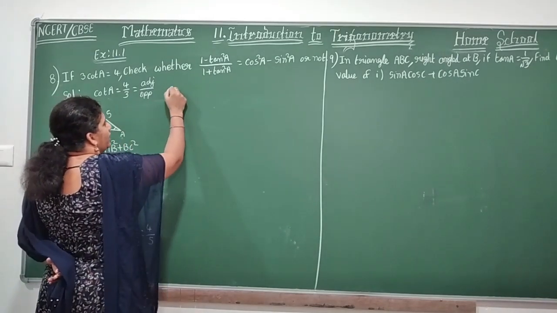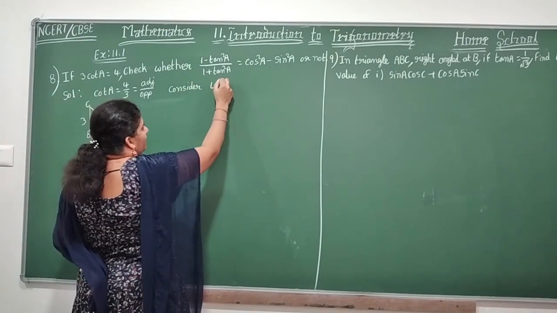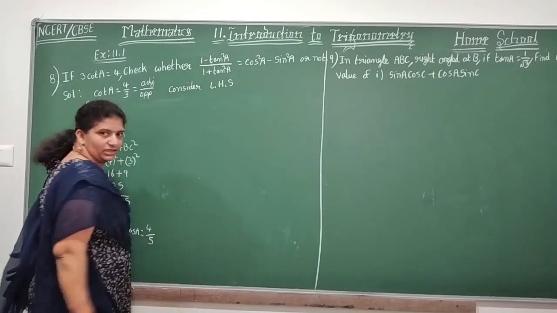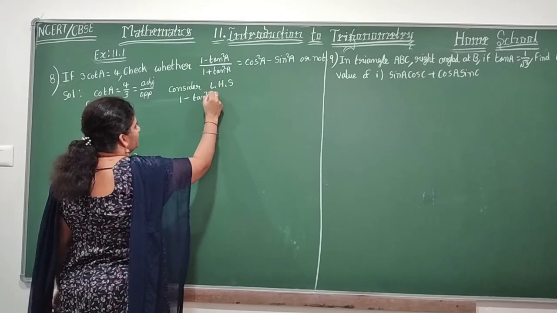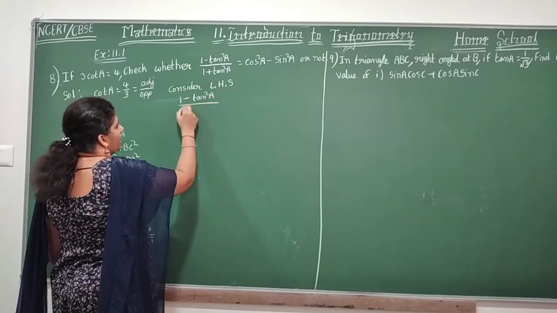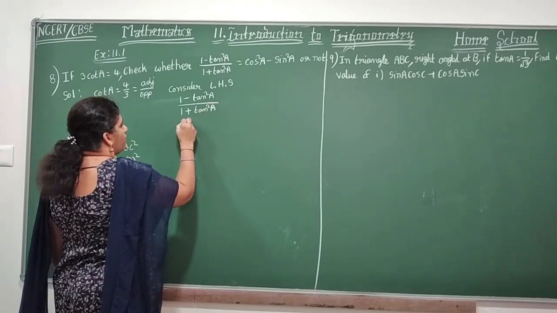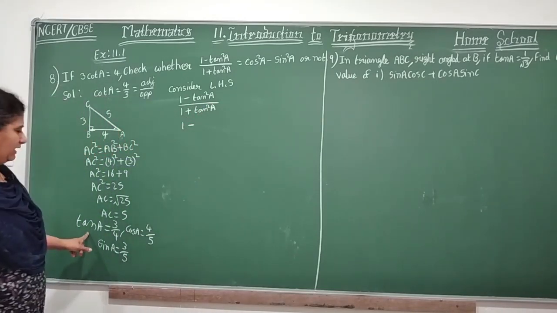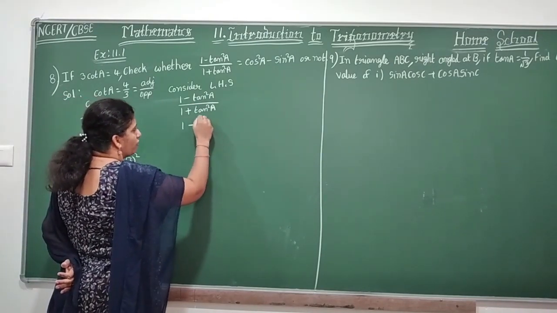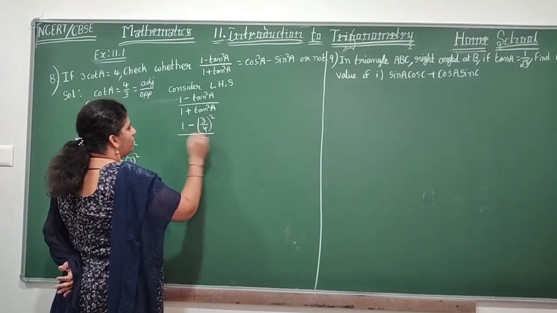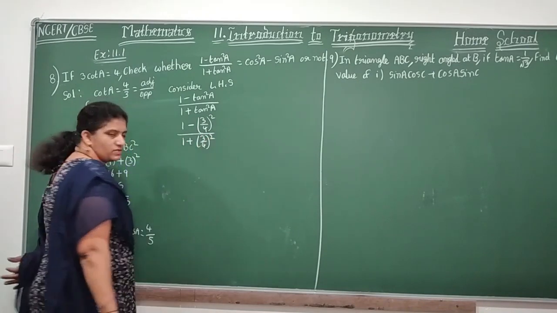So now let us consider the left hand side of the question. LHS, what is that? 1 minus tan square A by 1 plus tan square A. Tan A value is 3 by 4. So 1 minus 3 by 4 whole square by 1 plus 3 by 4 whole square.